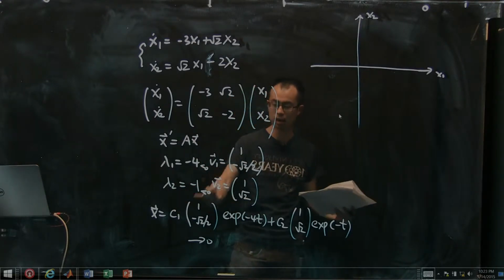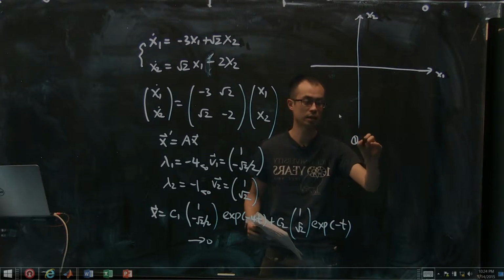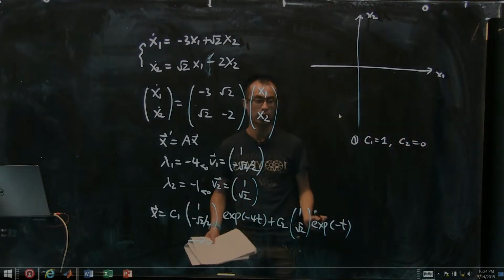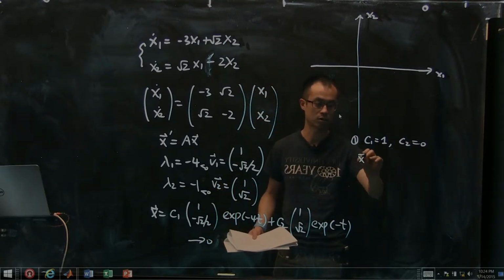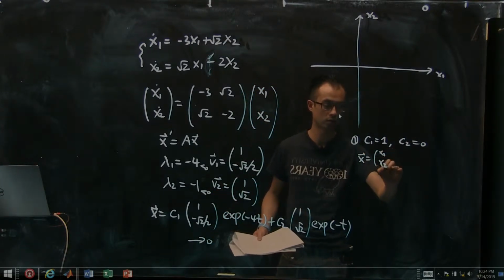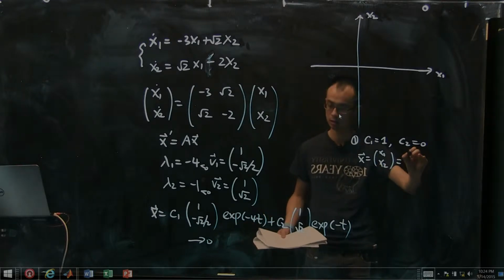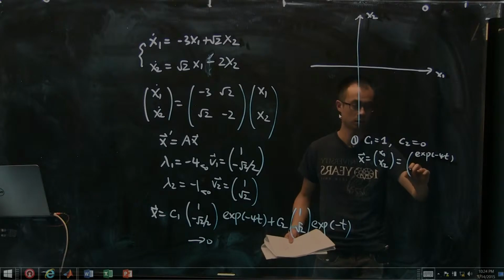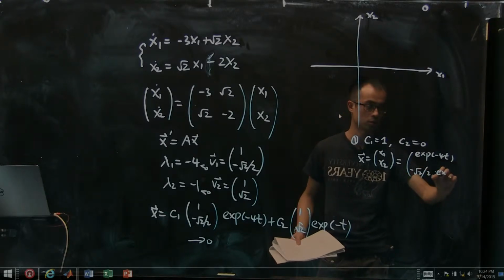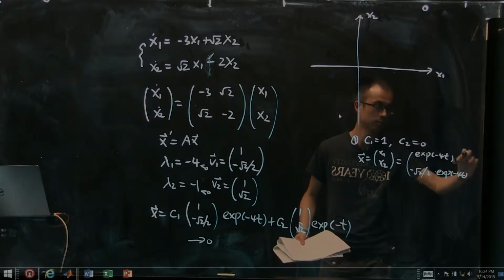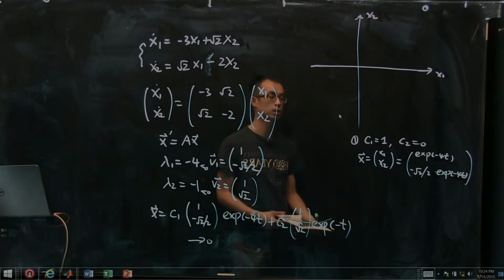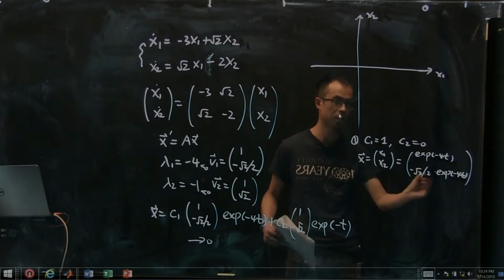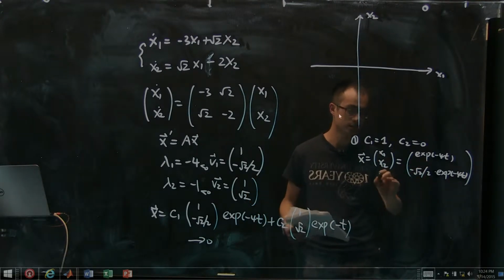We are trying to find some cases such that C1 equal to 1 and C2 equal to 0. And such that our solution, which is x1, x2, looks like exponential of -4t times (1, minus square root of 2 over 2). All right? So again, we can write it down as linear lines.